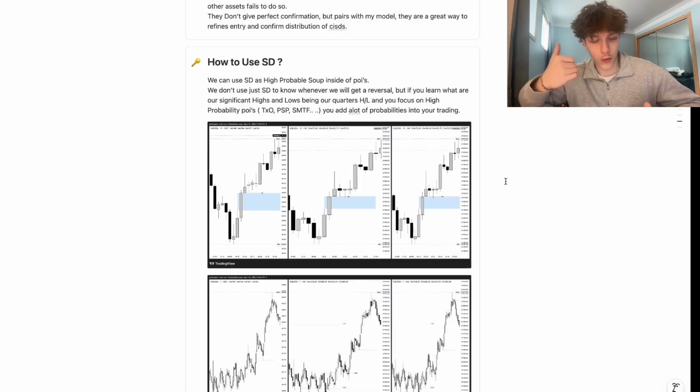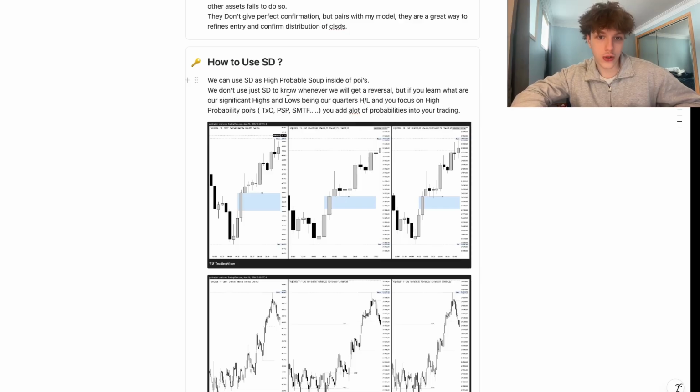Many. But when you know when they work, that's when you can take advantage of that and really get super high precision entries. So we can use swing divergence as high probability soups inside of POIs.